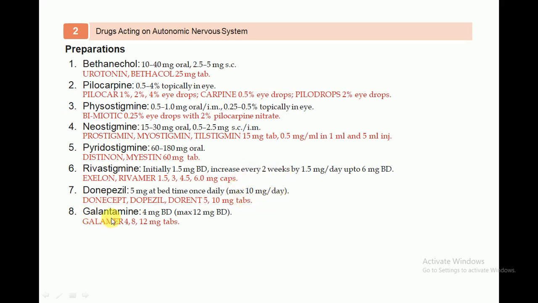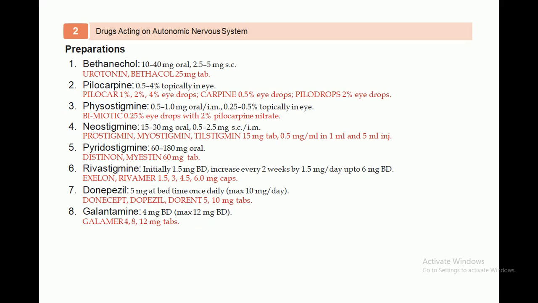Another agent is galantamine. Galantamine is available at a dose of 4 milligram BD, twice a day, but the maximum dose is 12 milligram BD, twice a day. It should not be increased beyond this concentration; this is the maximum dose, do not exceed.